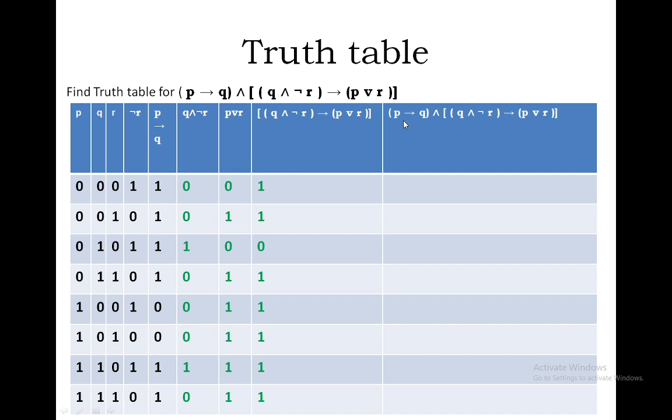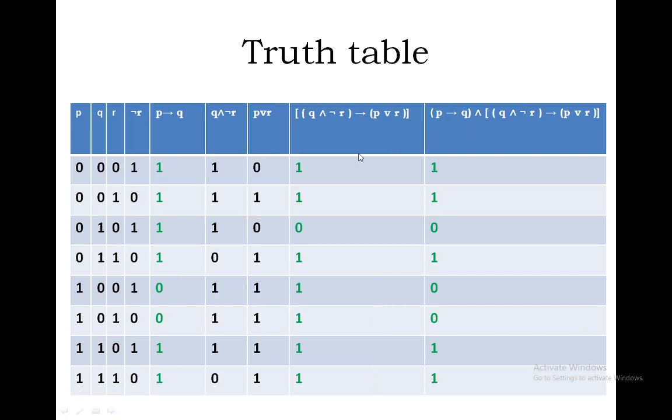Now finally we have to find out this part. I already have P implies Q and the value of Q and negation of R implies P or R. In between I'm going to have a conjunction. In a conjunction, P implies Q should be 1 and this part also should be 1, then only I'll get a 1.